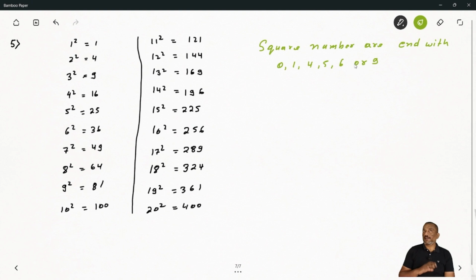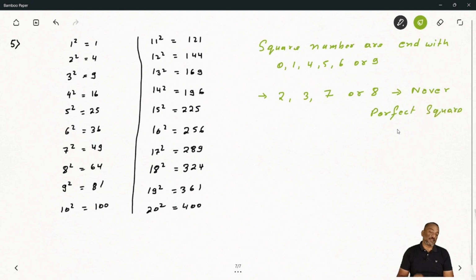It means if you find any number's square, and at its ones place it is 0, 1, 4, 5, 6 or 9, then there is a chance of it being a square. Now, if at the ones place we get 2, 3, 7 or 8, it is never a perfect square. Okay, never a perfect square.